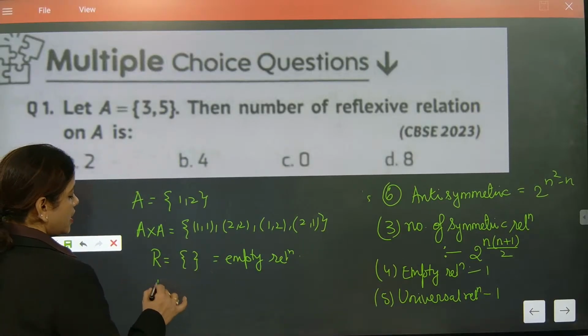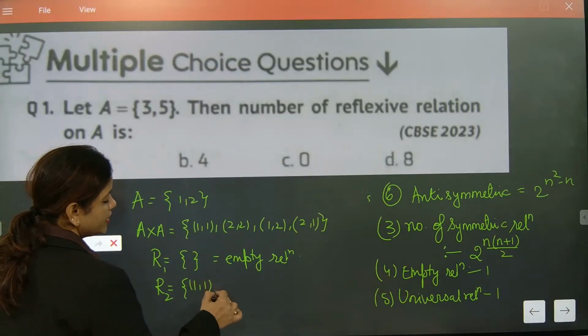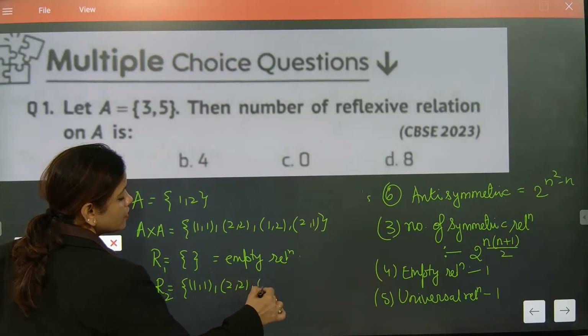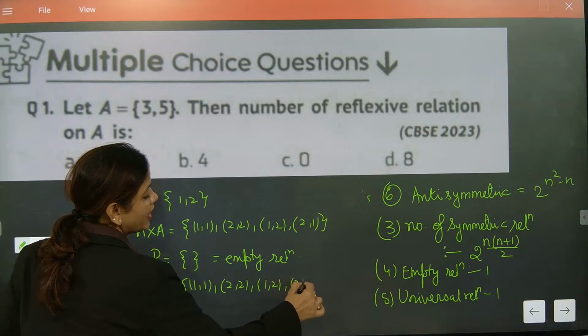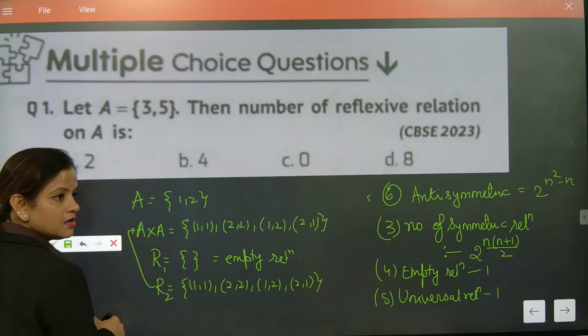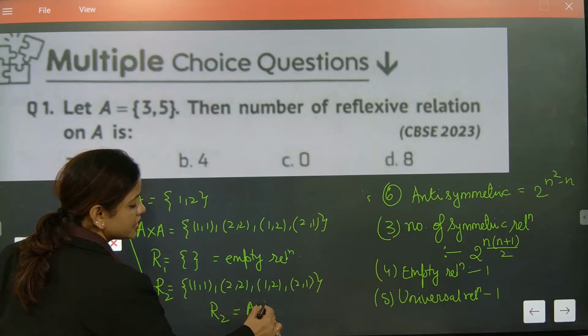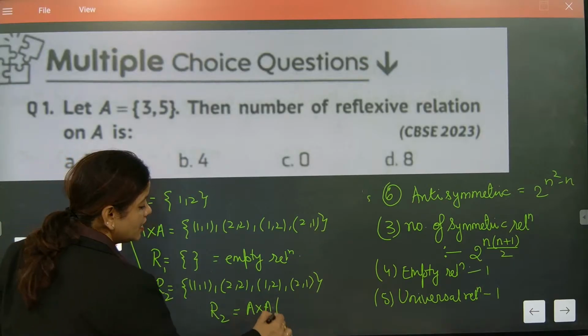Now a relation with all the elements 1 comma 1, 2 comma 2, 1 comma 2 and 2 comma 1, in this case, this and this both are the same. That means R2 is equal to A cross A.